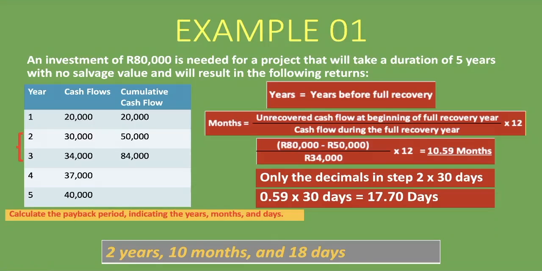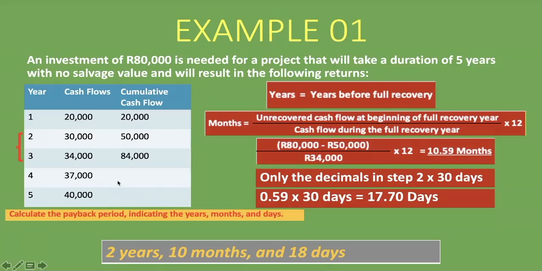Now let's do another example to gauge whether you have understood what we've been doing here. Maybe where students get confused is what is the full recovery year, and what is the cash flow at full recovery year, or what is the cumulative cash flow. But remember, the full recovery year is where you fully recover your investment.